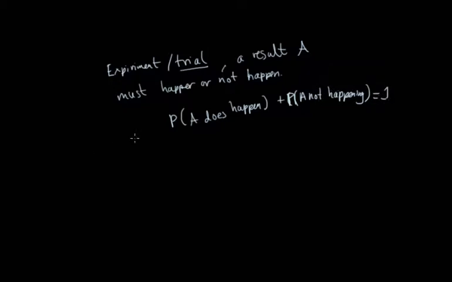And that leads us to a really useful principle. We can rearrange that. So the probability A does not happen must equal 1 minus the probability of A happening.